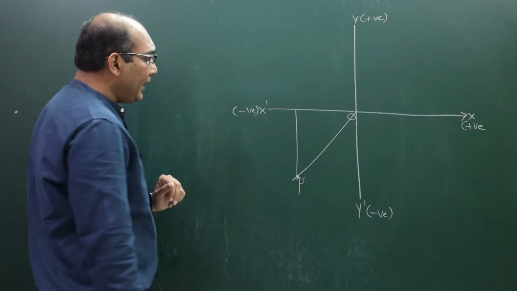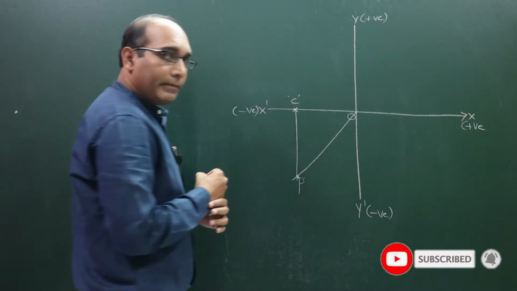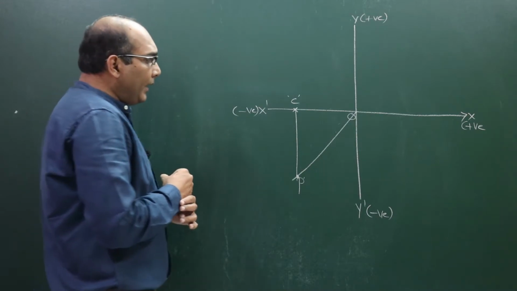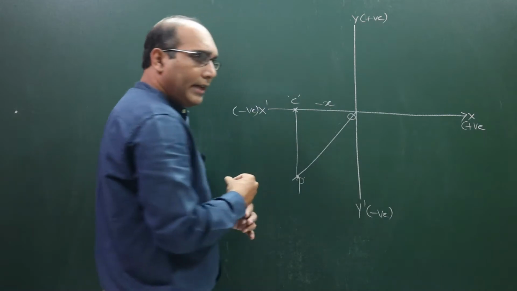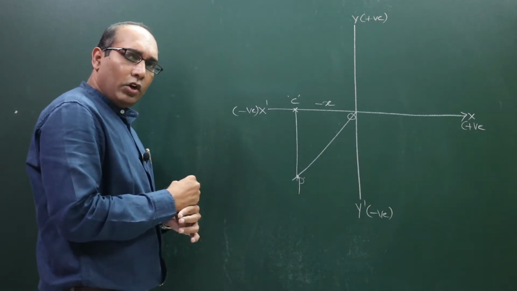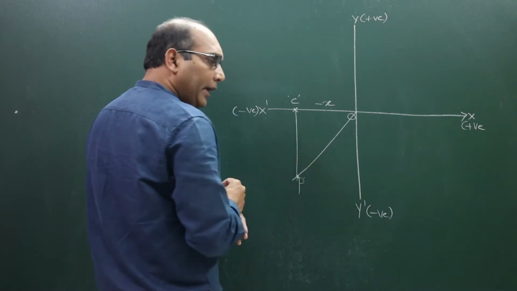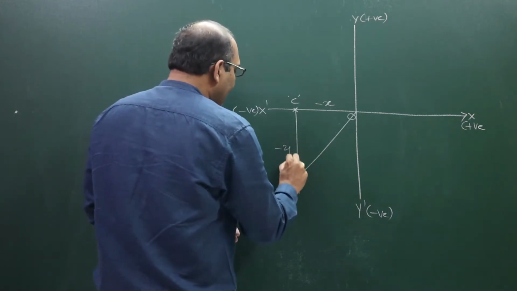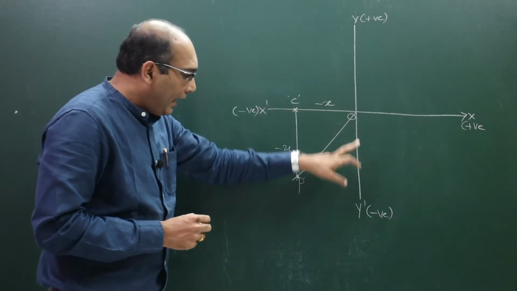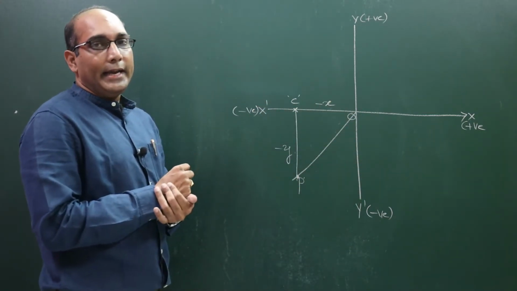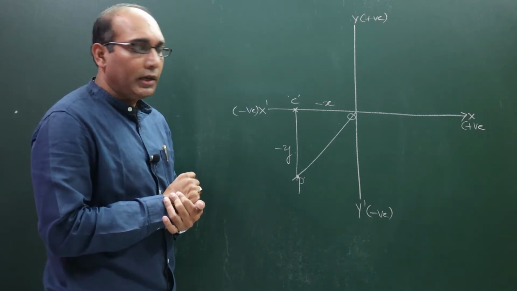Let that point be C. Let OC be negative of x, and this value PC will be negative of y, because here x is negative and y is also negative in the third quadrant.